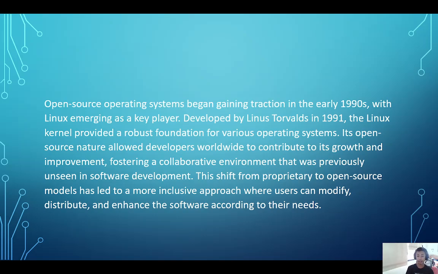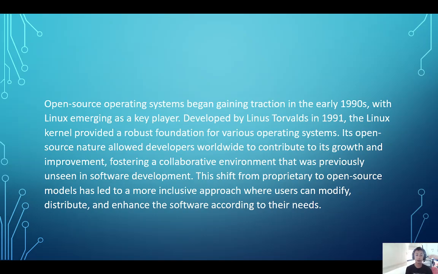Developed by Linus Torvalds in 1991, the Linux kernel provided a robust foundation for various operating systems. Its open source nature allowed developers worldwide to contribute to its growth and improvement, fostering a collaborative environment that was previously unseen in software development.